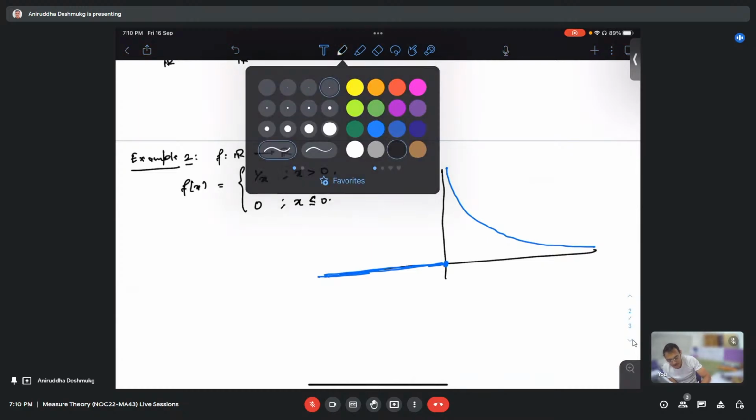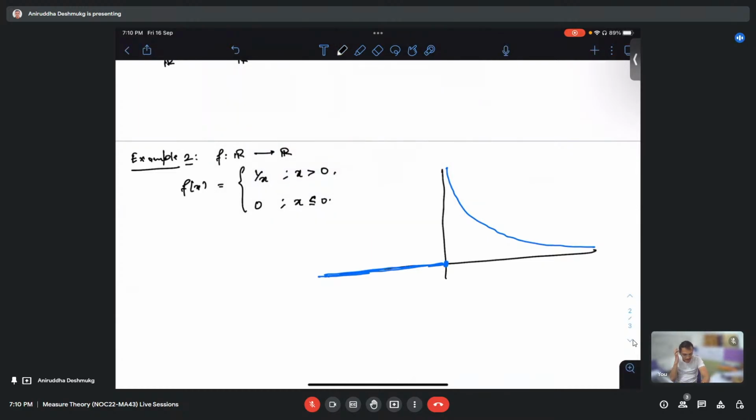Now we want to know whether this is measurable or not first. It is measurable because it is continuous, and therefore the pre-image of open sets is open, at least for these positive real numbers. Similarly for the non-positive real numbers, and if any open set contains 0, even then one can easily check that the pre-image is not open, but it is a Borel set.